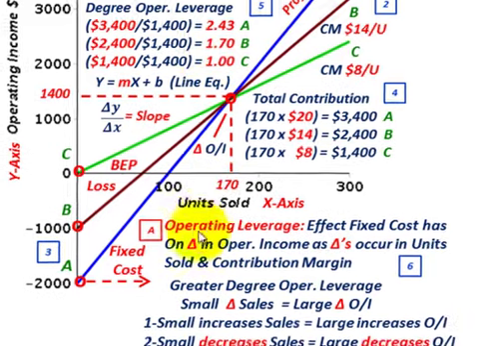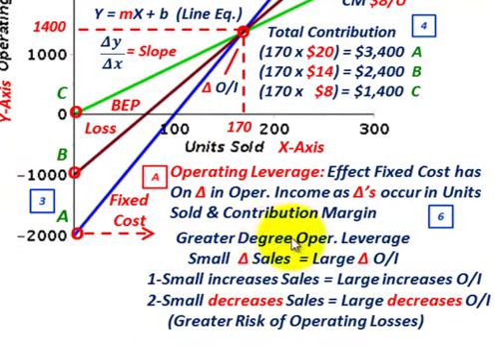Okay, and then one last thing before we move on. Again, the greater the degree of operating leverage, that means the smaller a change in your sales, the larger the change in operating income that we looked at. Simply looking at the slope of those profit lines for each of those alternatives.